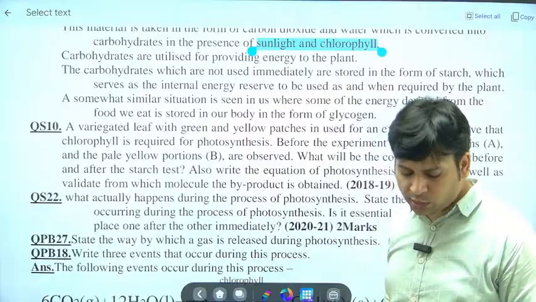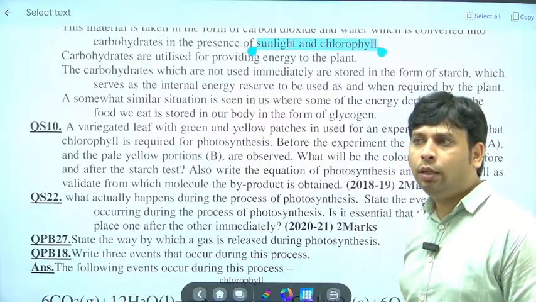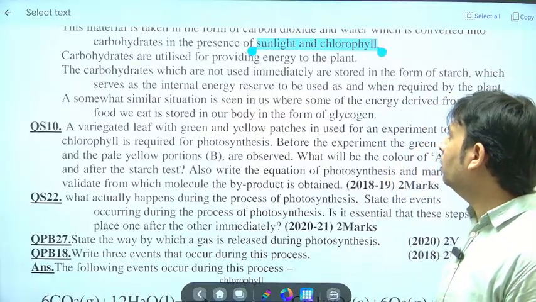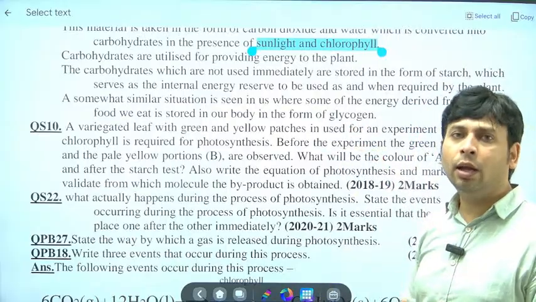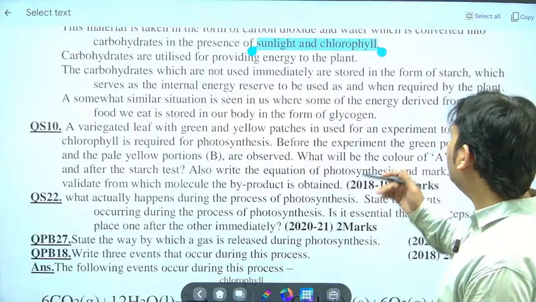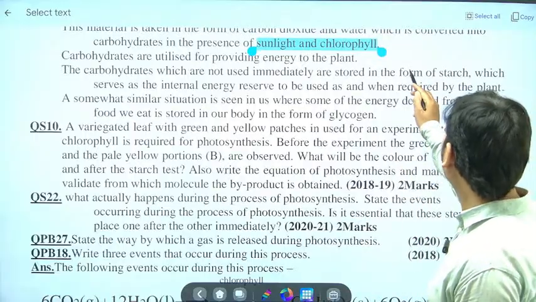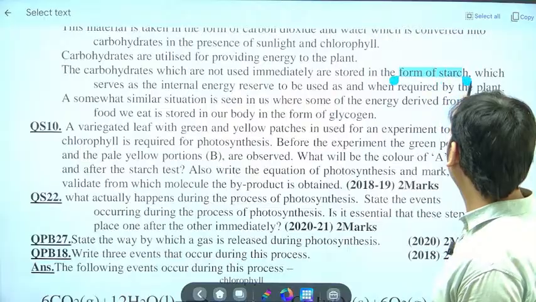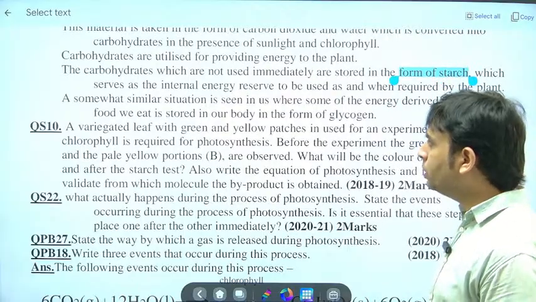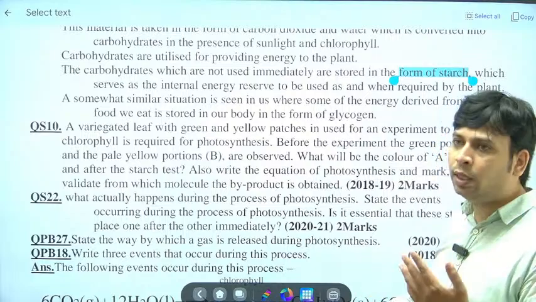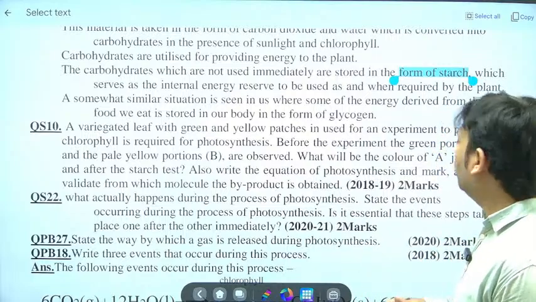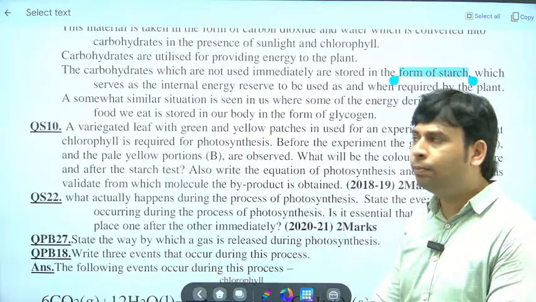And in this process carbohydrate is made, but the plant does not utilize the whole carbohydrate immediately, so they store carbohydrate in the form of starch, which serves as internal reserve energy to be used later, whenever they require it.